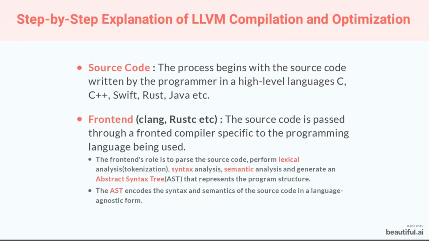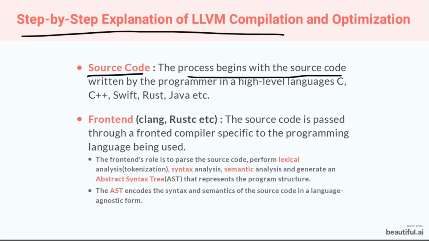So now let's discuss a step by step explanation of the LLVM compilation. Suppose you have written a program, that is our source code. The process begins with the source code written by the programmer in any programming language like C, C++, Java, anything.